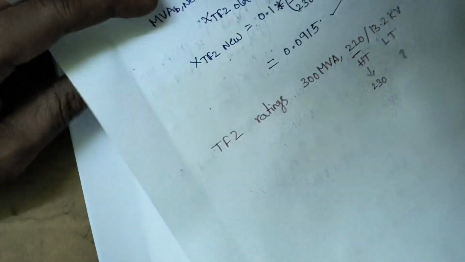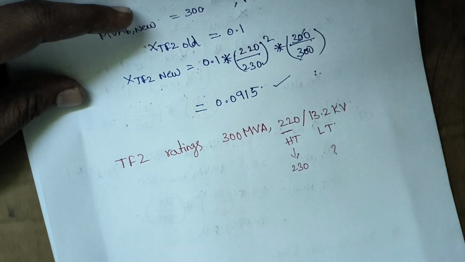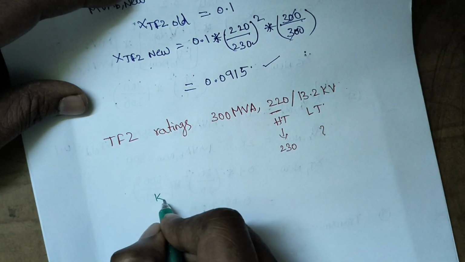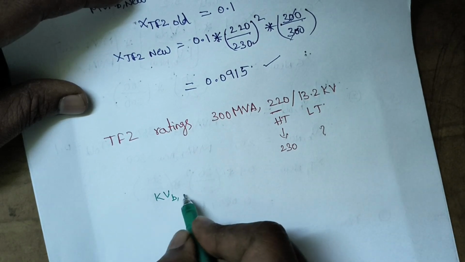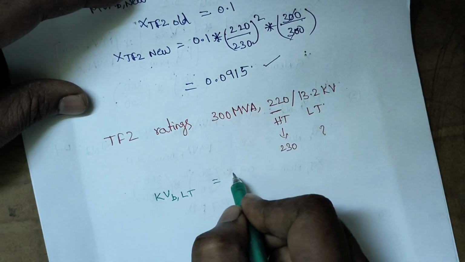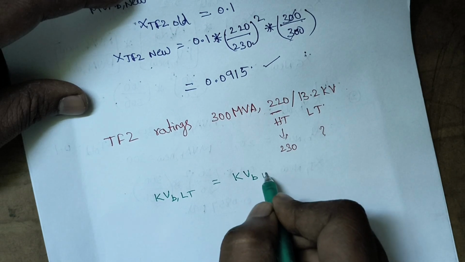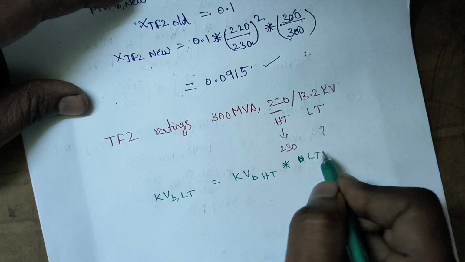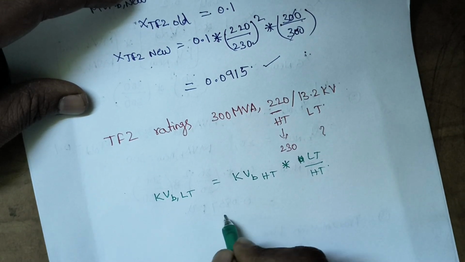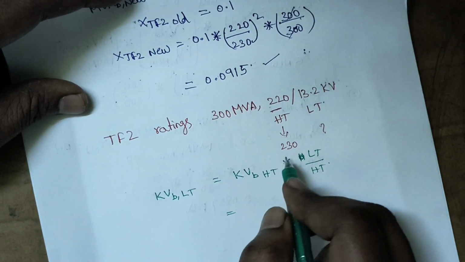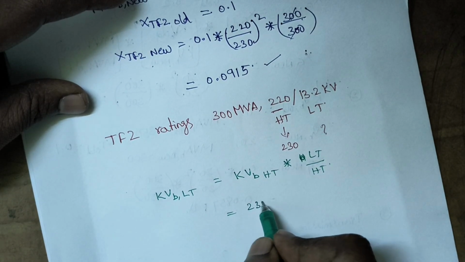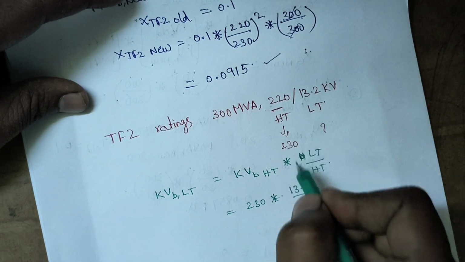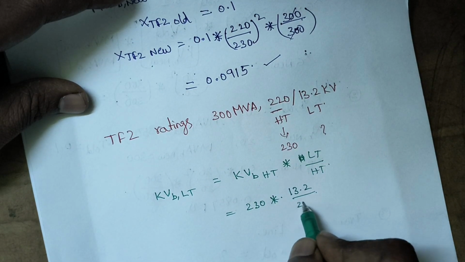What is the formula? Base kV on LT side is equal to base kV on HT side multiplied by LT rating by HT rating. So here, base kV on HT side is 230. 230 into LT value 13.2 divided by HT value 220.